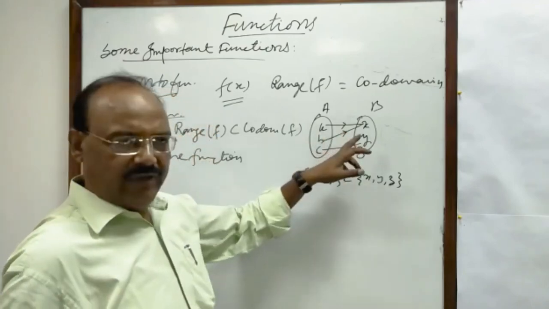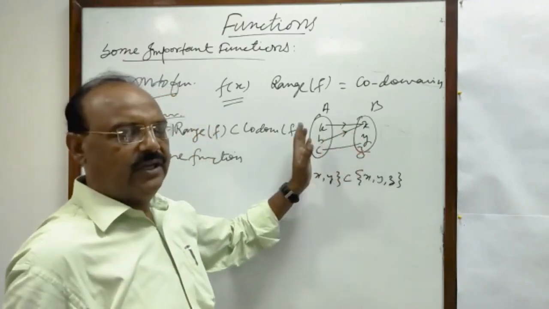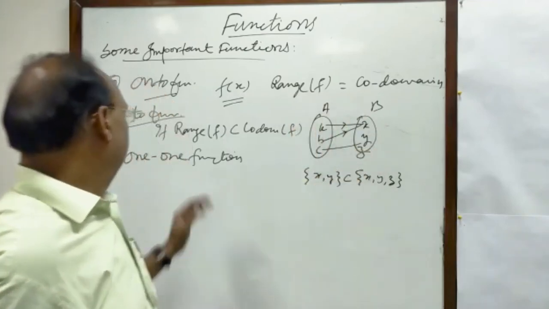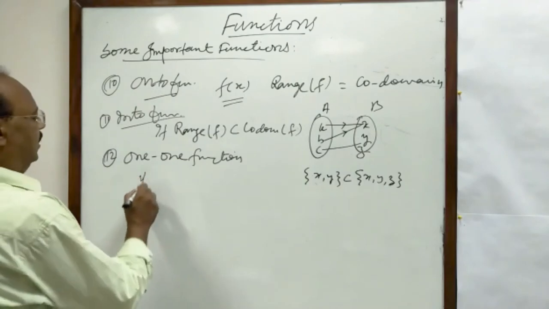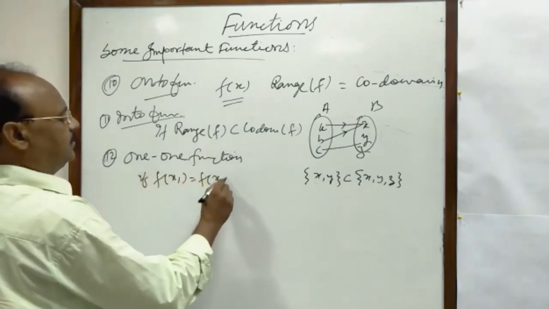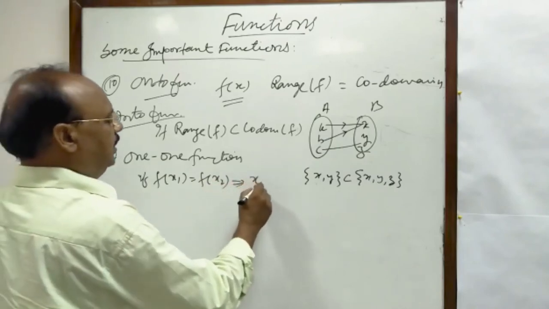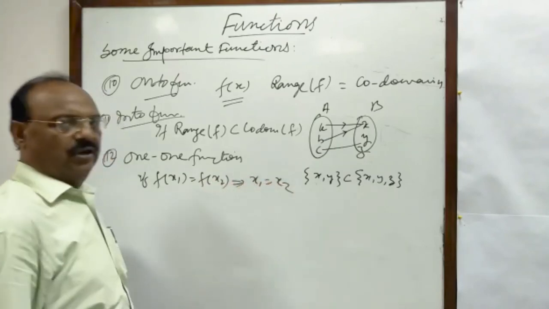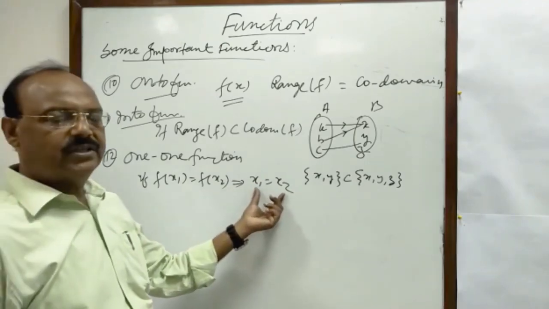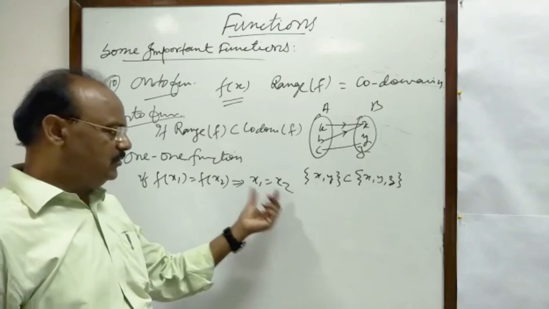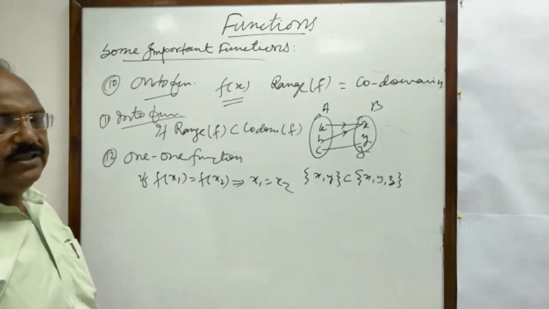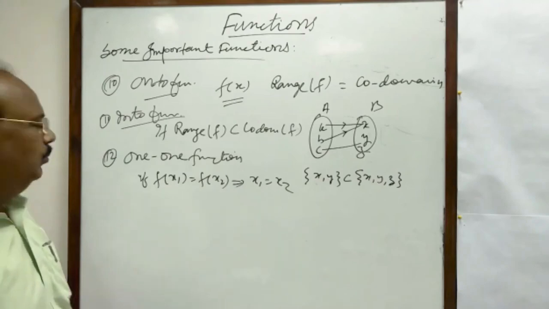So this is not a one-one function. This is known as a many-one function. So we can define it that if f(x1) is equal to f(x2) implies that x1 is equal to x2, means if images are same, then elements cannot be distinct. Elements should also be same. Then the function is one-one. Otherwise, this function is many-one.